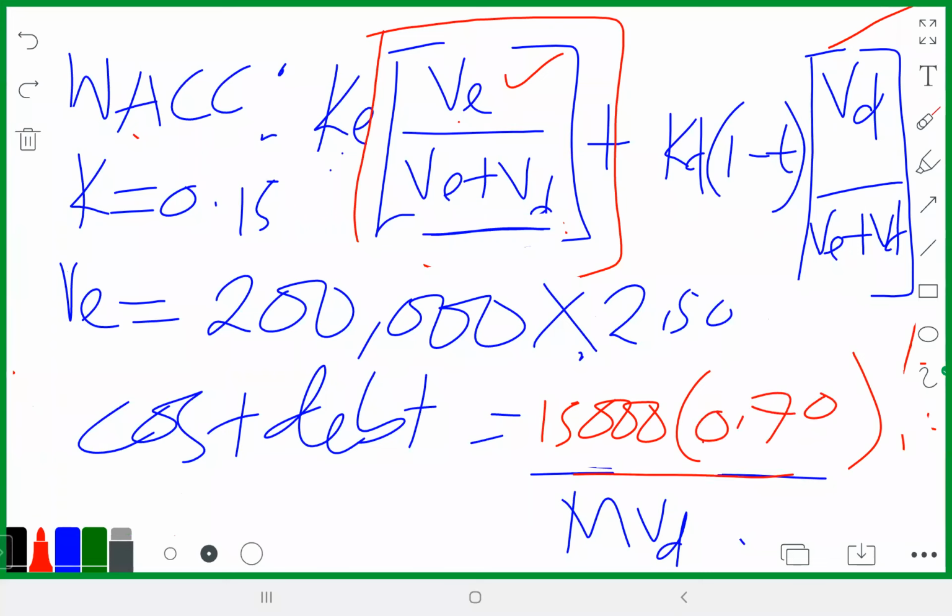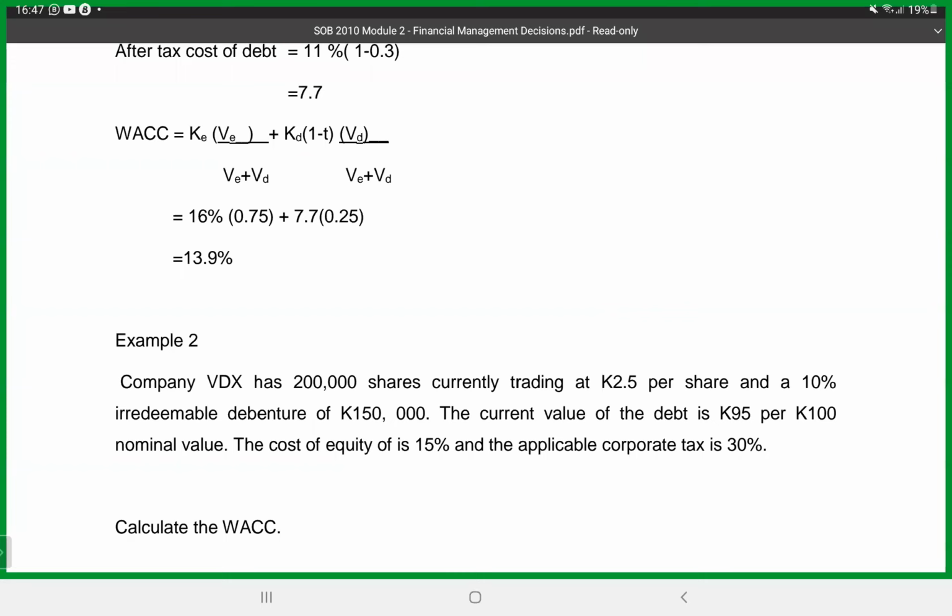Now, what are we given as the market value of the debt in the question? The current market value of the debt is 95 out of 100 times the nominal value of the debt. The debt is 150,000.